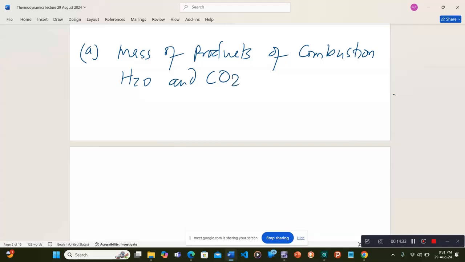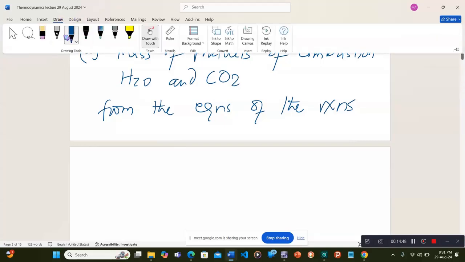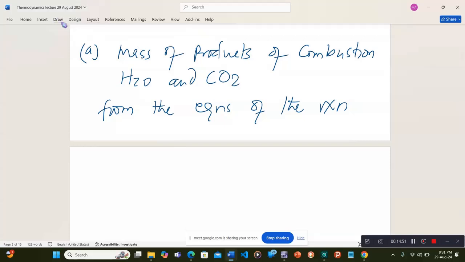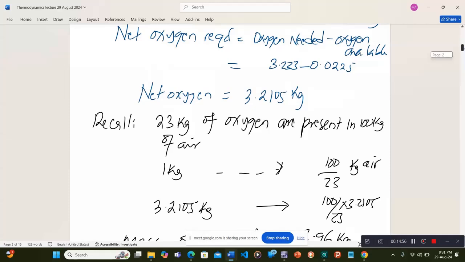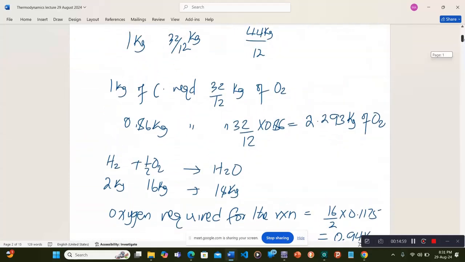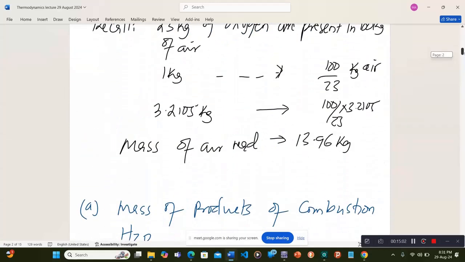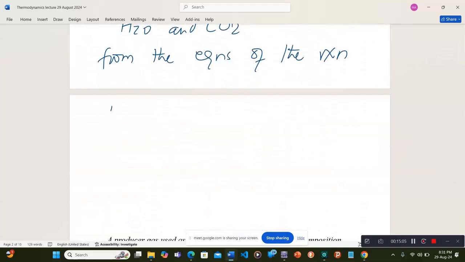So from the equations of the reactions, it is seen that 44 out of 12 kilograms of carbon dioxide per kilogram of fuel is produced.